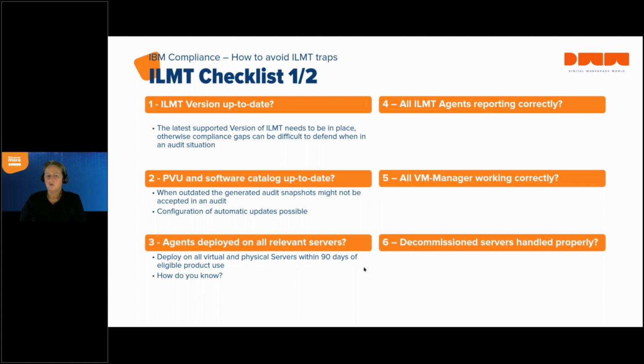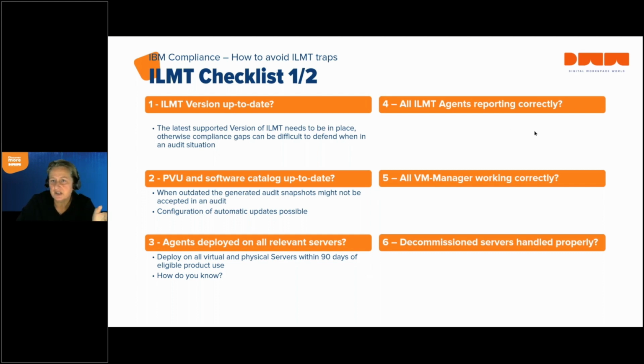But how do you know that all the agents are deployed when ILMT only sees the systems or agents where it is already deployed? Well, use your CMDB or, for example, use Matrix42 IBM Compliance. Matrix42 IBM Compliance has other inventory sources, like server inventory, for example, which is able to gather the data.